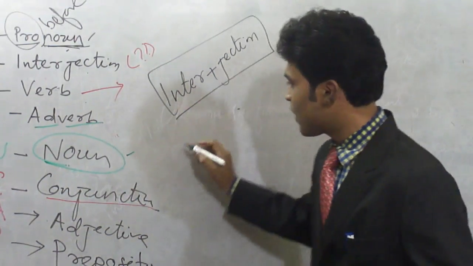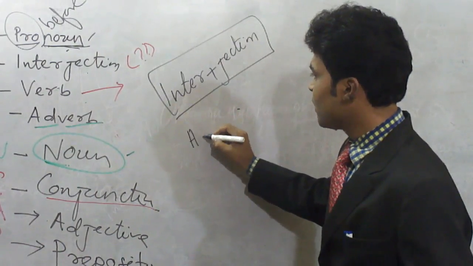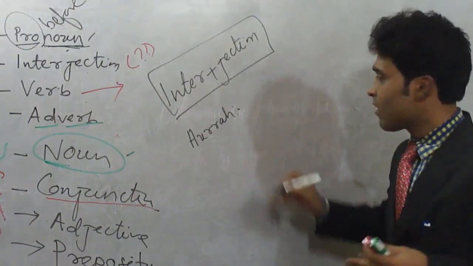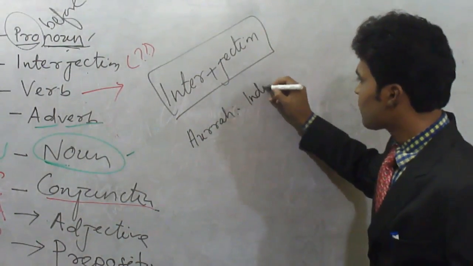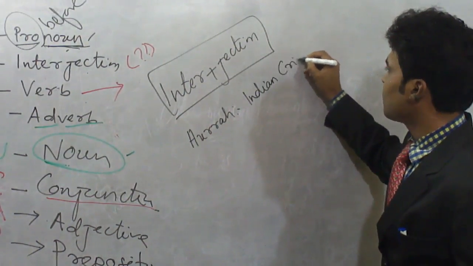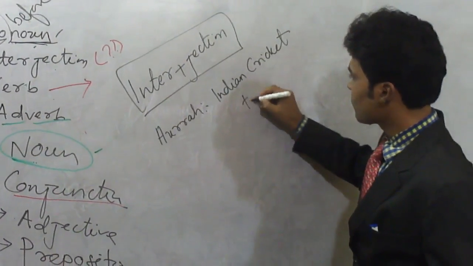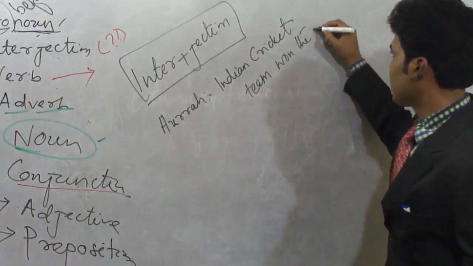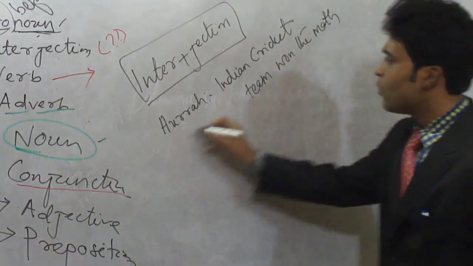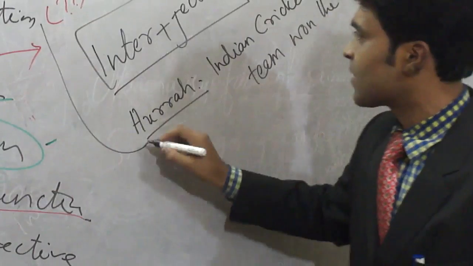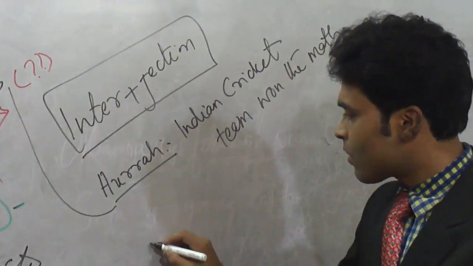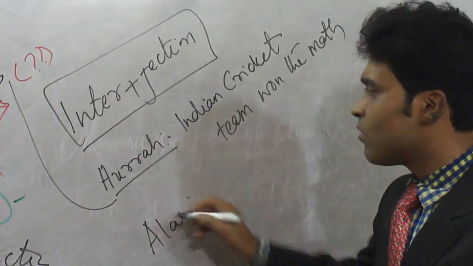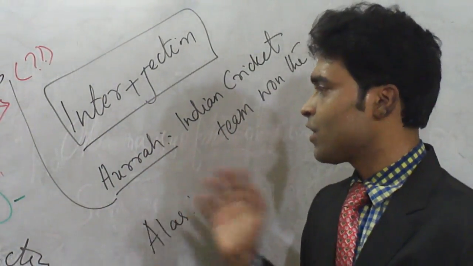All these are interjections. For example, the Indian cricket team won the match. Here, hurrah is an interjection. Or you may say alas. All these words are interjections.